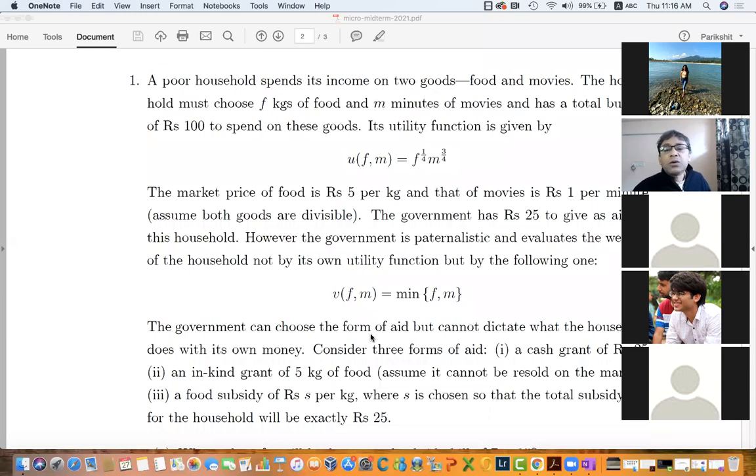Now, in reality, such contracts are highly unrealistic. If you just think about it, can the government go and give cash transfers to households and say, you have to do this? Well, sometimes they do actually. There are what are called conditional cash transfers, right? There are examples from Latin America, for example, where the cash transfer is given conditional on the household sending its children to school.